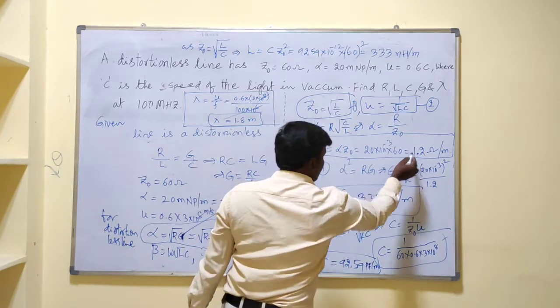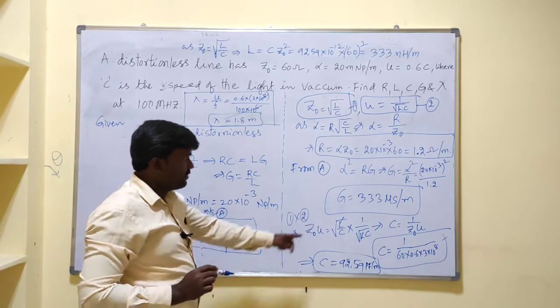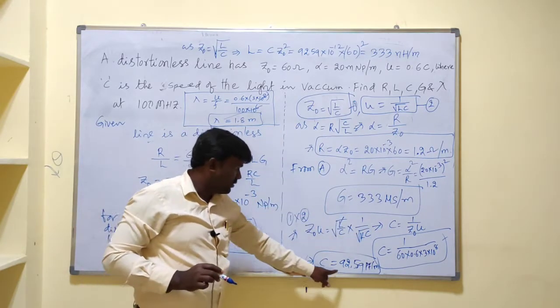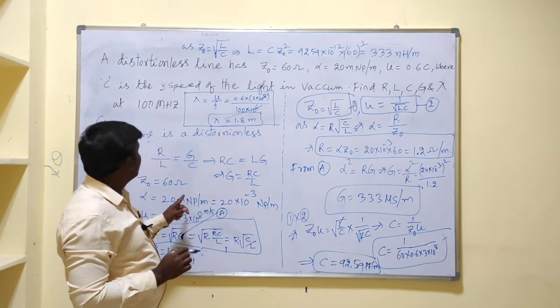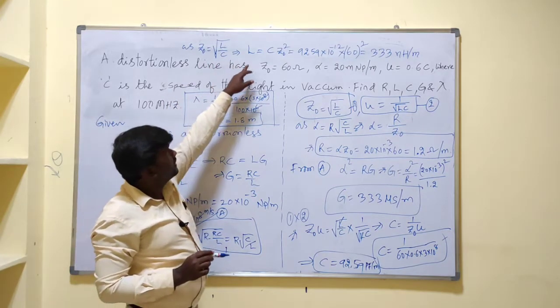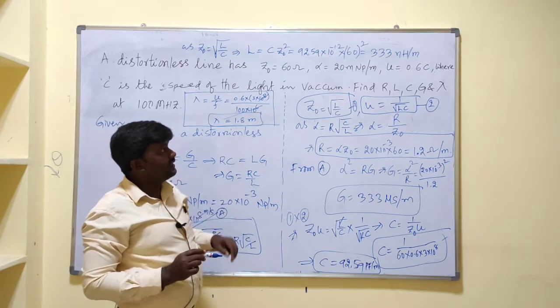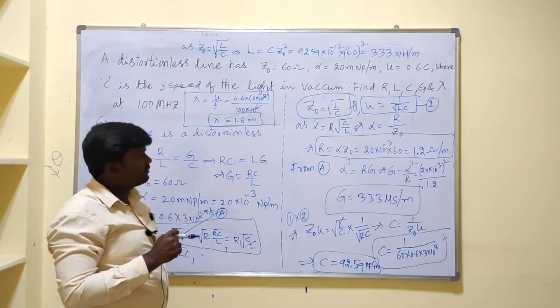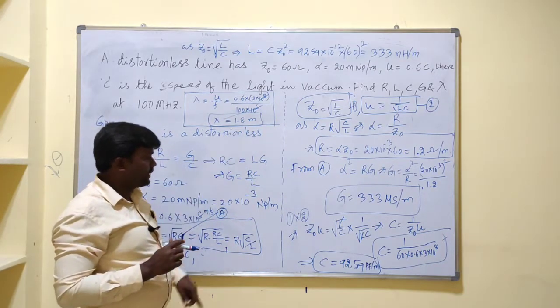We have R value as 1.2 ohm, C value 92.59, and L is C into Z naught square, approximately 333 nano henry per meter, and lambda equal to 1.8 meter.